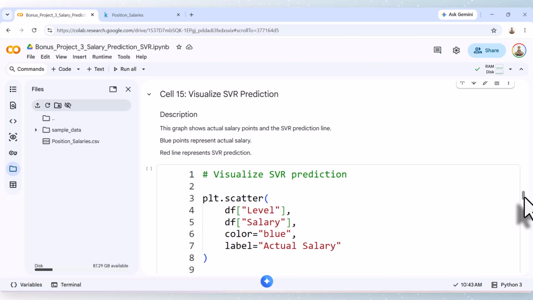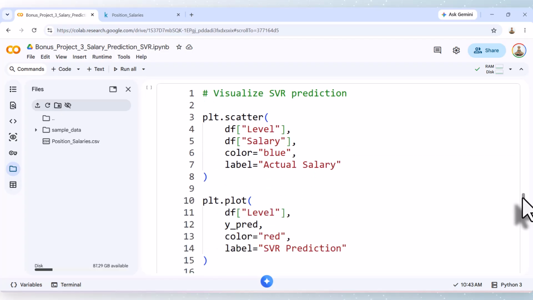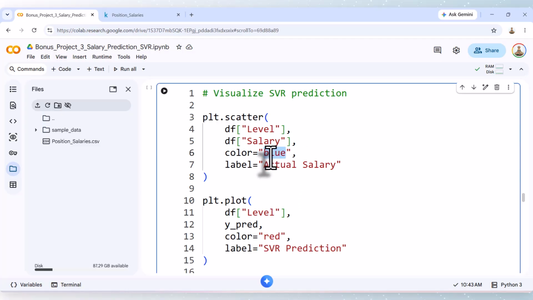Then next we are going to visualize the SVR predictions. For that, I am going to take the actual salary points and the SVR predictions. Blue points represent the actual salary, and red points represent the SVR predictions.